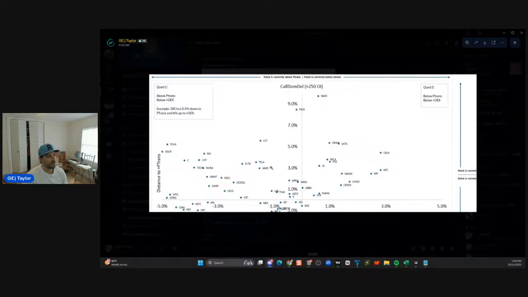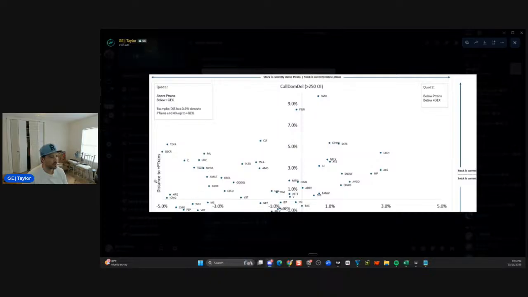And if it's to the left of the y-axis, that means it is above P-trans level. So the further up it is and the closer to the y-axis, the better the risk to reward, because it's closer to P-trans, with more distance to plus x. The further out over here it is, the risk reward is not as appealing, because it's in between plus x and P-trans.